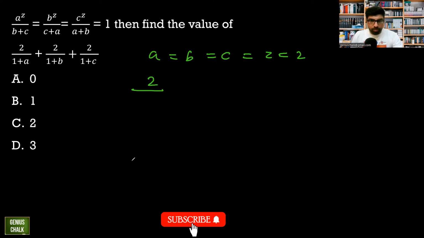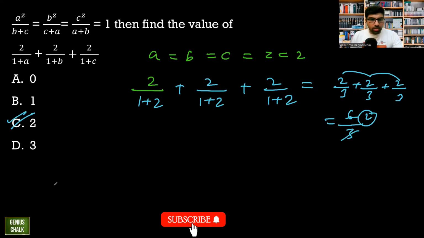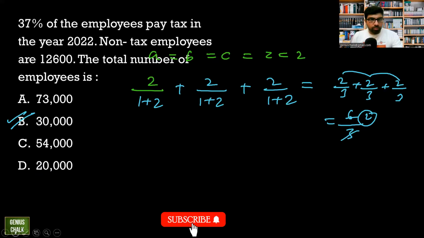So 2 by 1 plus a plus 2 by 1 plus b plus 2 by 1 plus c. That is also 2 by 3 plus 2 by 3 plus 2 by 3. So you can see 3 is common. So 2 plus 2 plus 2, 6. 6 by 3 is 2. A beautiful question. The answer is option C.